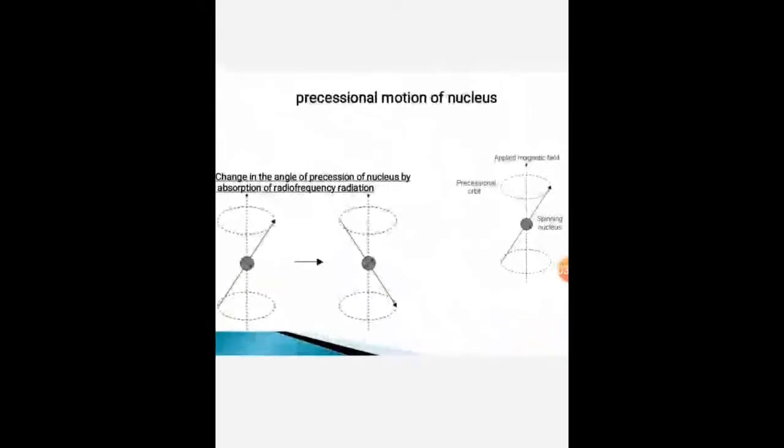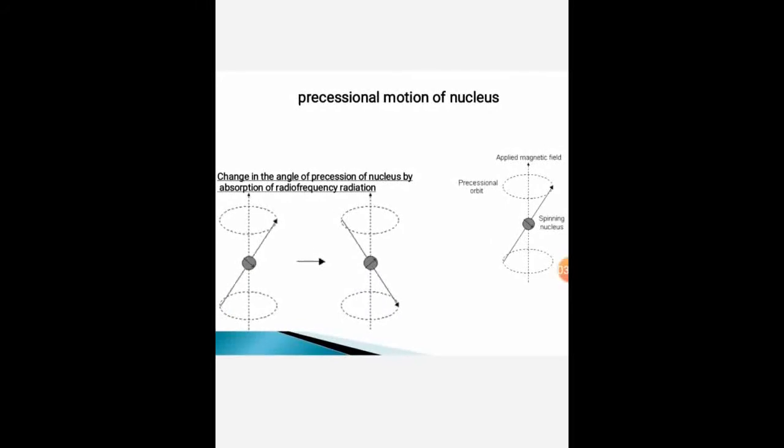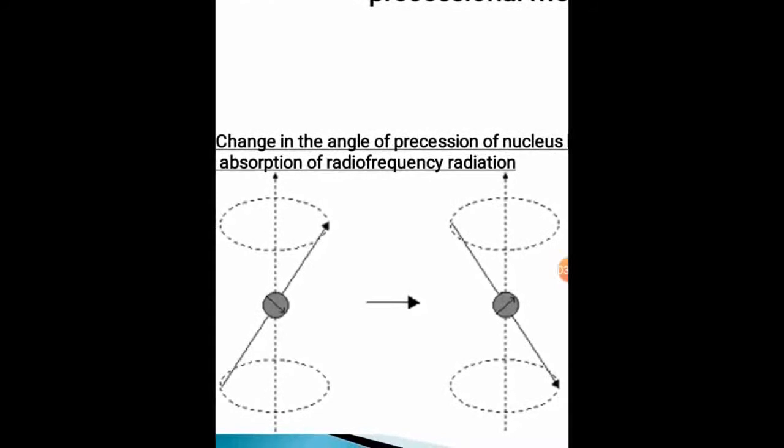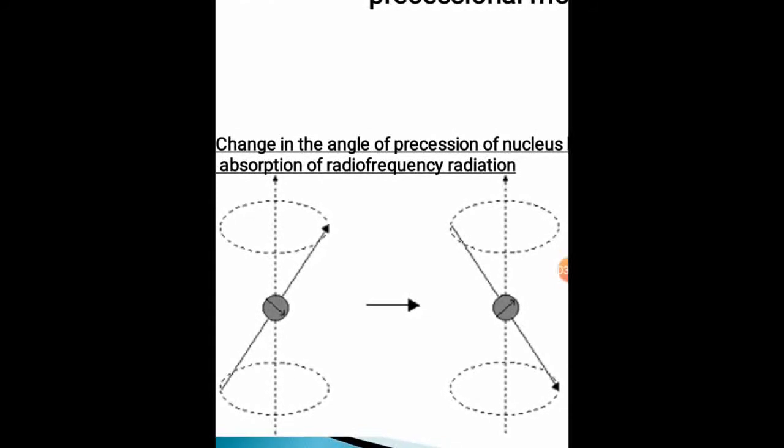Now what happens? When such a nucleus absorbs radio frequency radiation, it creates a change in the angle of precession. See in this diagram, the angle of precession of the nucleus changes due to the absorption of radio frequency radiation. Means the alpha spin nucleus changes into the beta spin nucleus by the absorption of radio frequency radiation.